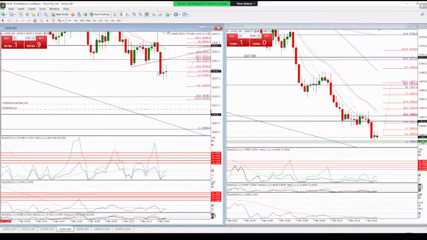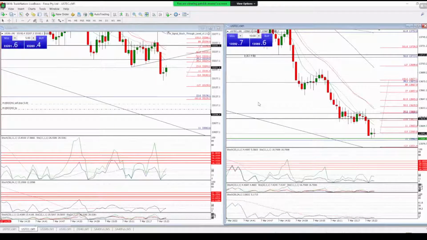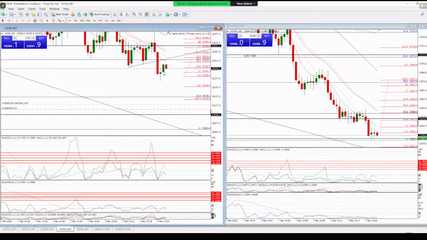I need 2 candles reversal from this low before I could put trend chaser in there. There's 1 candle.